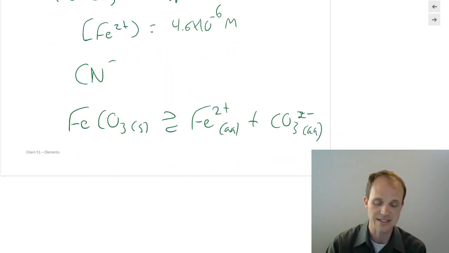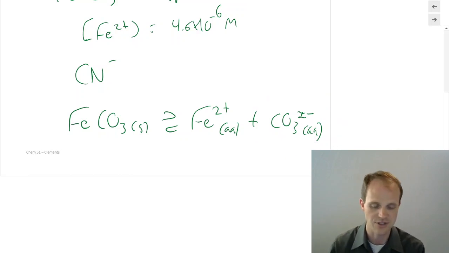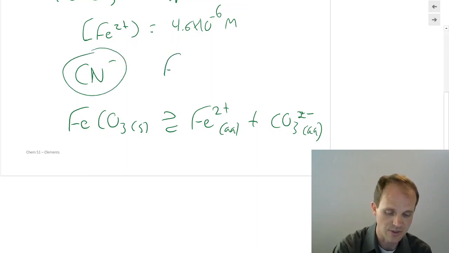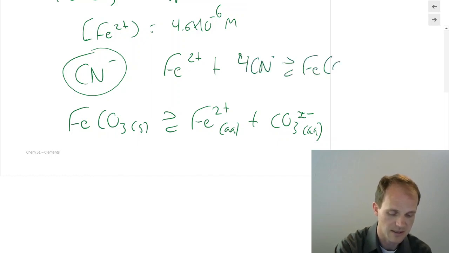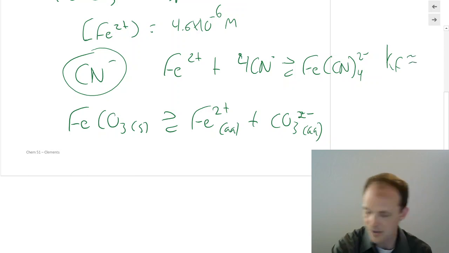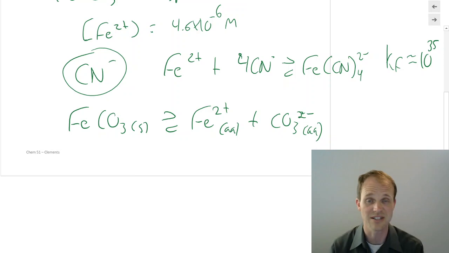In the first way, when we said, hey, let's add an acid, we'd be removing CO3 from our equilibrium, driving the reaction to the right. But if we had cyanide, now in the last one, we had iron 3 complexes, and so it had one K value. It turns out for iron 2, what you get is combining with 4 cyanides to make that complex, and your KF value is about 10 to the 35, so still extraordinarily large.